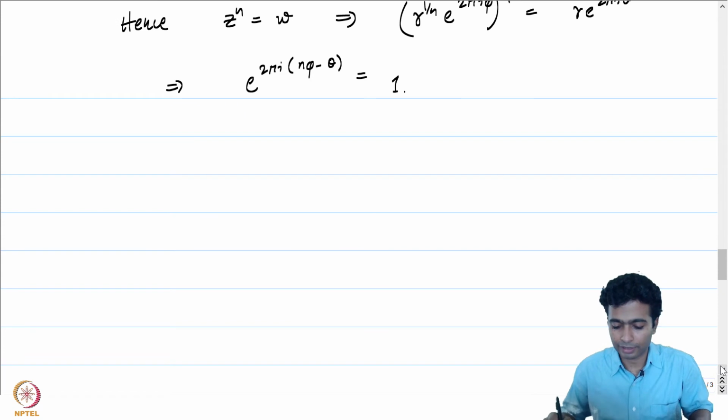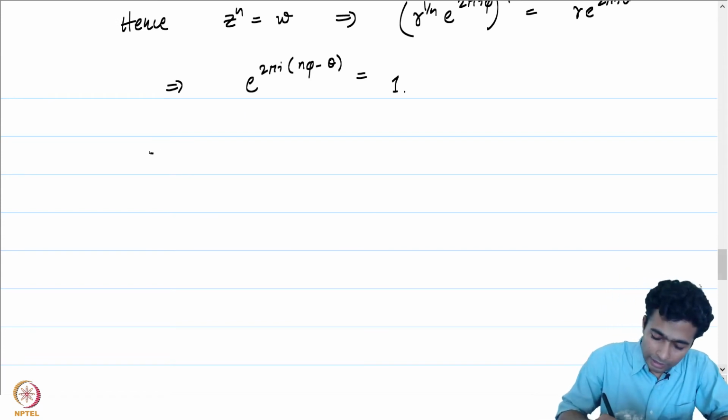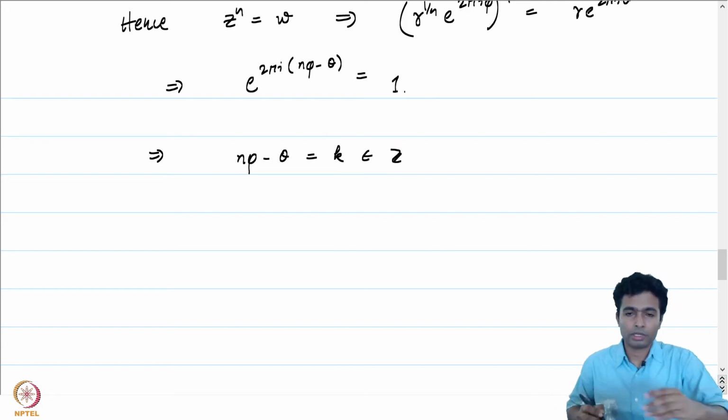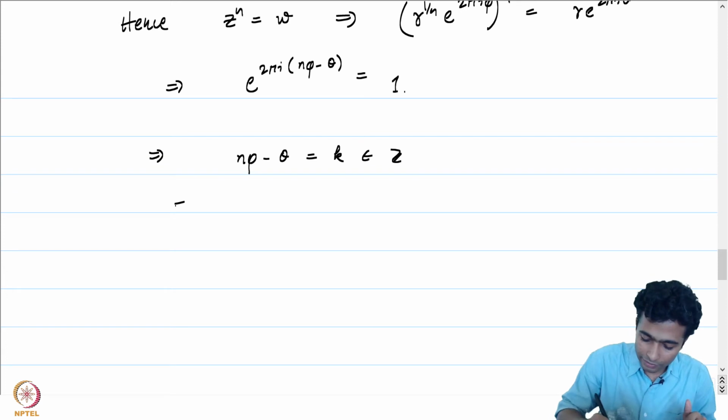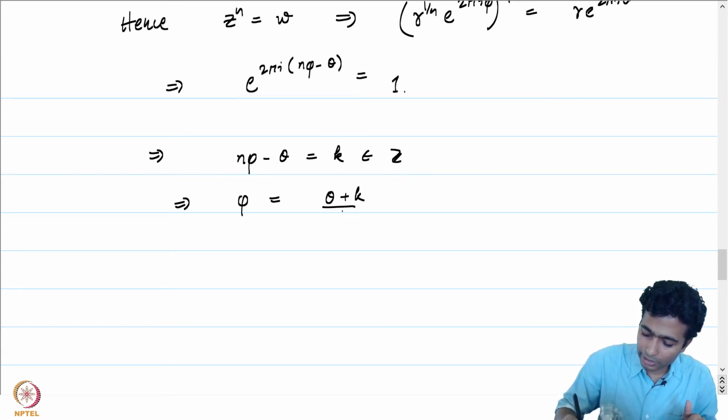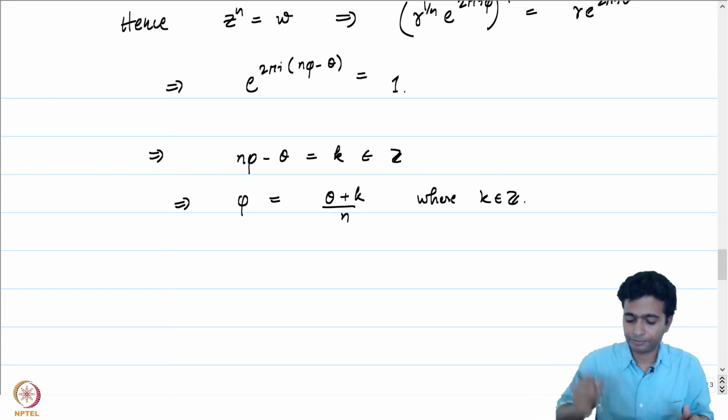This gives us that n phi minus theta is equal to some integer. That's exactly like in the previous case, and which tells us that phi is given by theta plus k by n, where k belongs to integers.